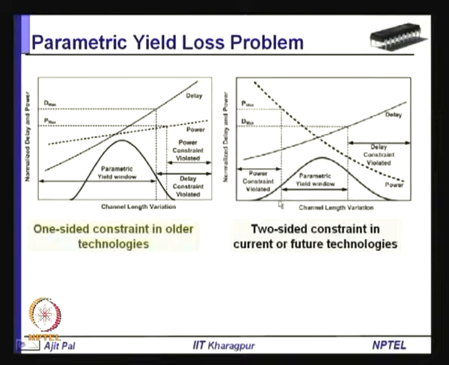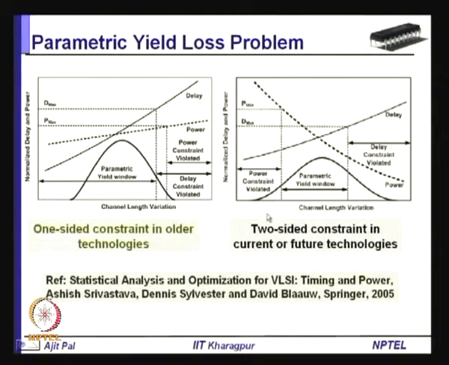So, we find that now you have a two-sided constraint, and obviously a larger number of dies ought to be discarded either because of delay or because of power variations. Earlier it was only on one side, and obviously the yield will decrease significantly because of this two-sided constraint in current or future generation technologies.